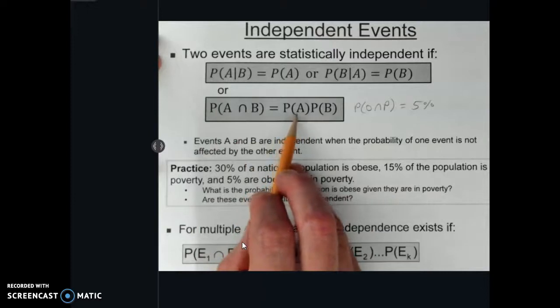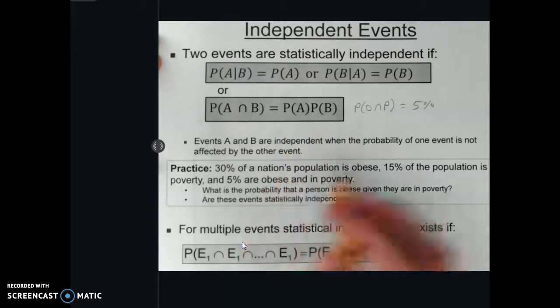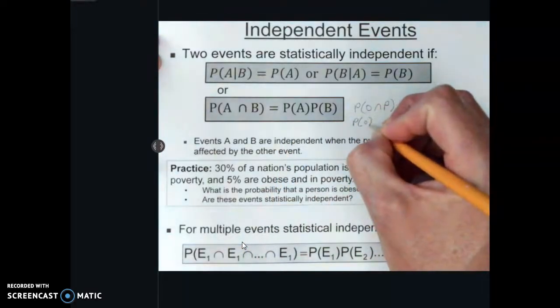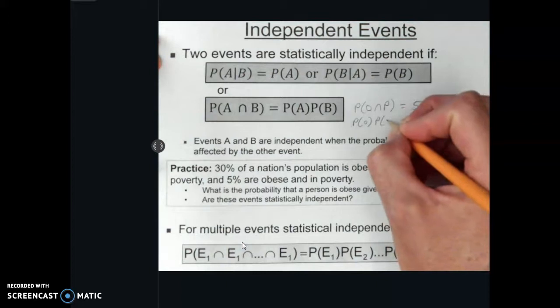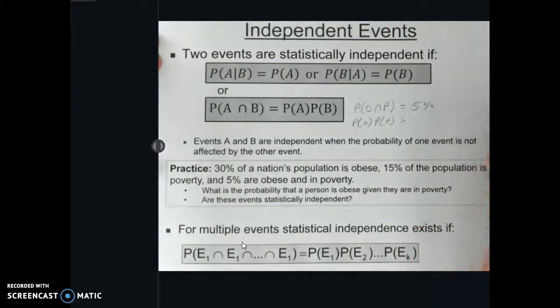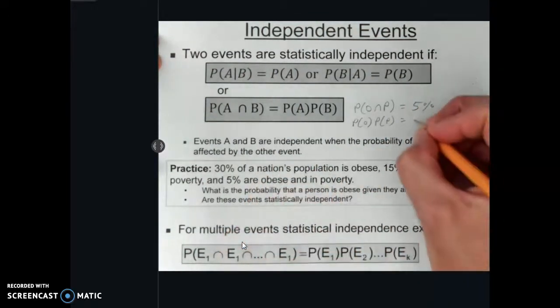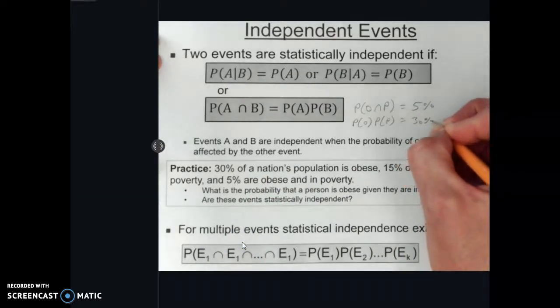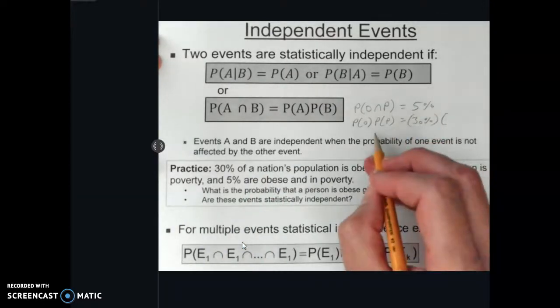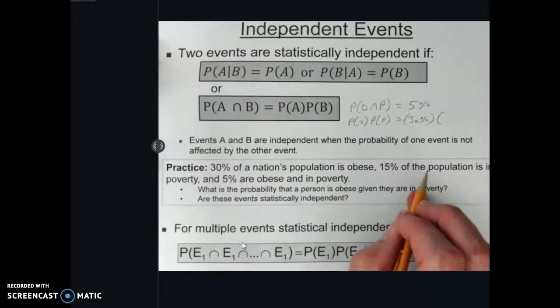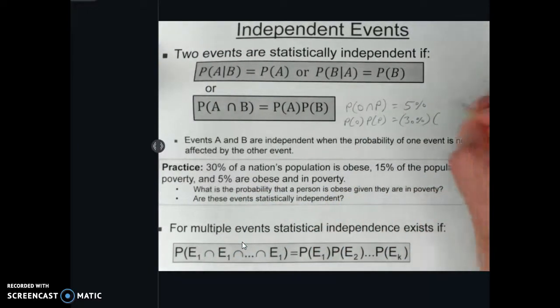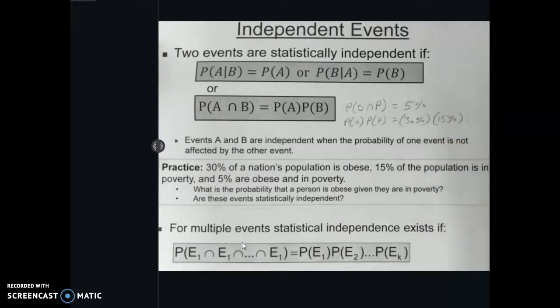Then we want to see if that's the same as the probability of this times this. So the probability of being obese times the probability of being in poverty. And for that, we know 30% is obese, so we put 30%, and we would multiply that by poverty. It says 15% are in poverty, so 15%, and that gives us 30% times 15% is 4.5%.